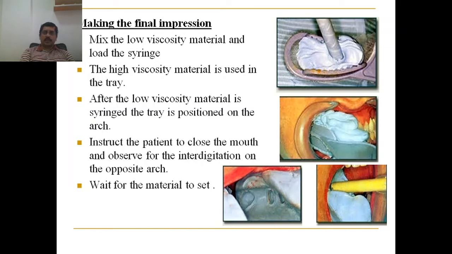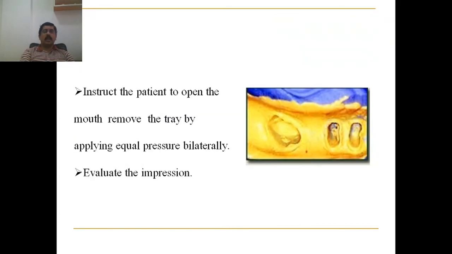Instruct the patient to close the mouth and observe for interdigitation on the opposite arch, and wait for the material to set. Now instruct the patient to open the mouth and remove the tray by applying equal pressure bilaterally, and evaluate the impression. This is what we get with this technique.